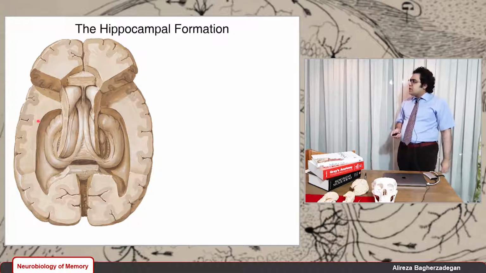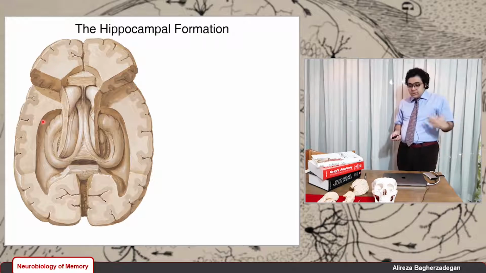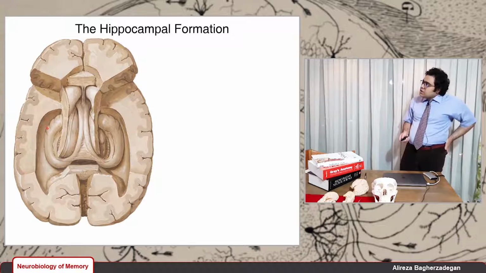I mean, in the very last lecture, I'm going to talk about the macrocircuits of the hippocampus, and when I was studying that, I wondered how complicated the circuitry of the hippocampus is. Okay, so another way to talk about its position is that you see that cavity.